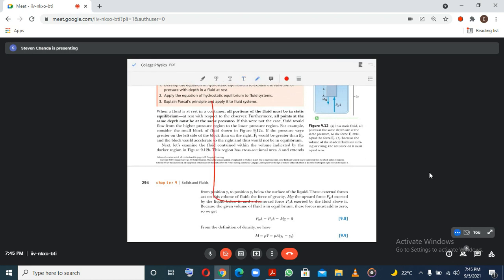If you have something like this, all points at the same depth must be at the same pressure.